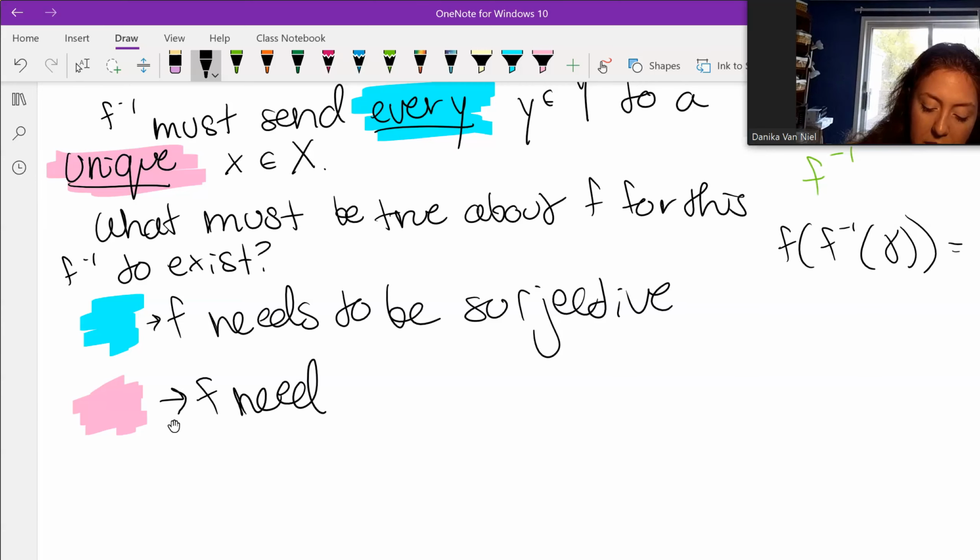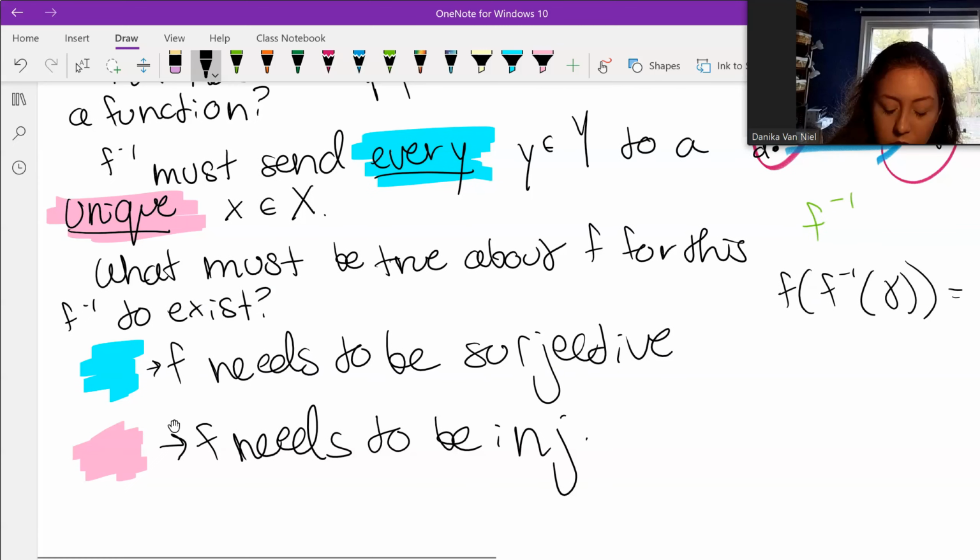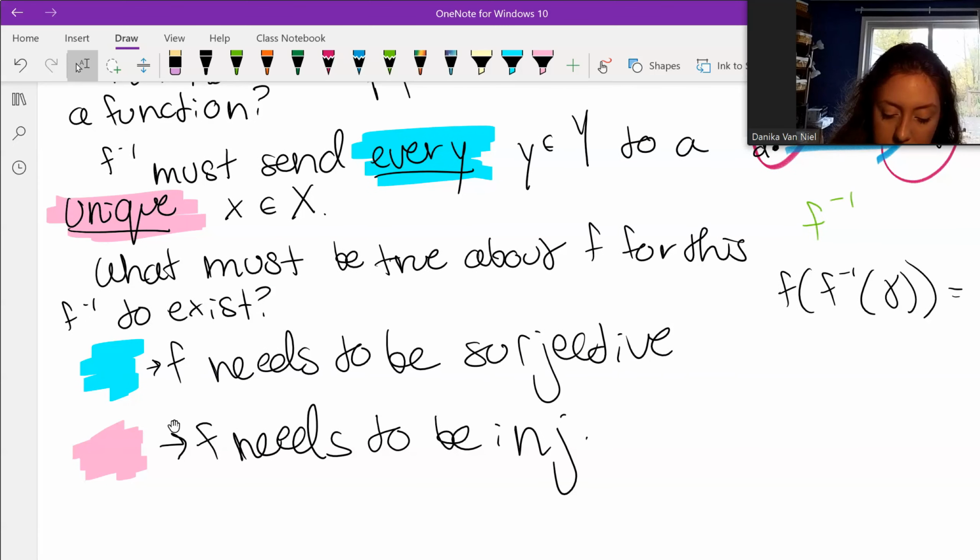Okay, so from the pink, f needs to be injective. And in fact, kind of all we needed to look at up here was this. So f inverse must send every element, so our f has to hit every element, so that has to be surjective. But f inverse has to send it to a unique element in its codomain.